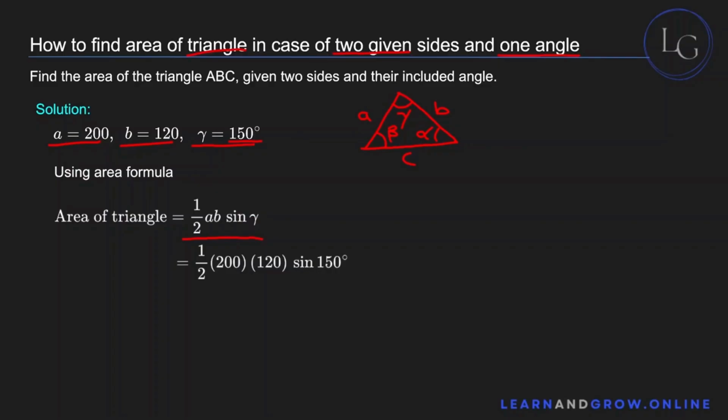Just put in those values and you get 600 square units, right? Now remember, let's say that it wasn't gamma that was given to you, let's say beta was given to you, then you could not have used this formula, right? For this formula to work, you need to have 2 sides, but you also need the included angle, the angle that those 2 sides make.